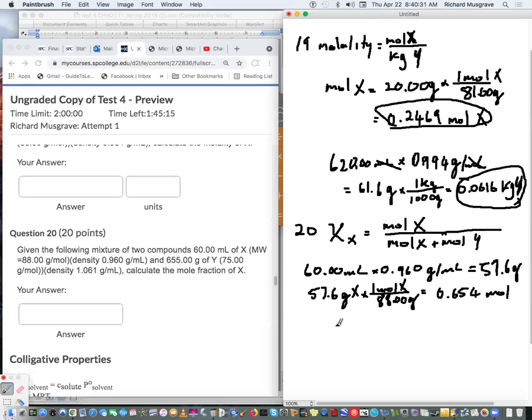And we need to figure out the moles of Y here. We've already got the mass, so I don't have to do any conversions for that. And that's times 1 mole over the molecular weight. This is Y. And let's see, what's that? That's 75.00 grams.